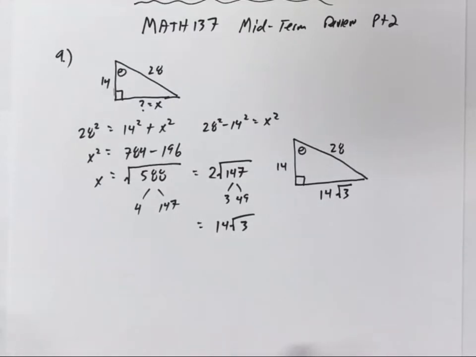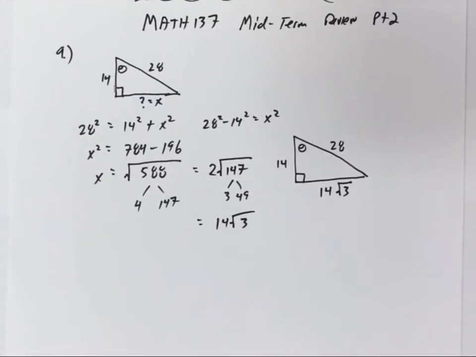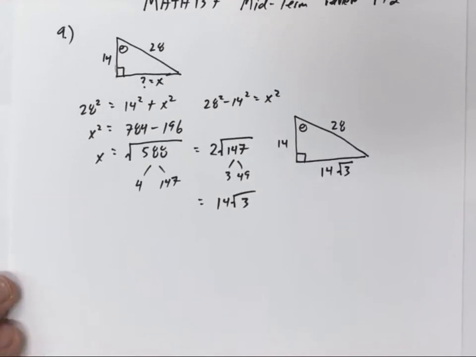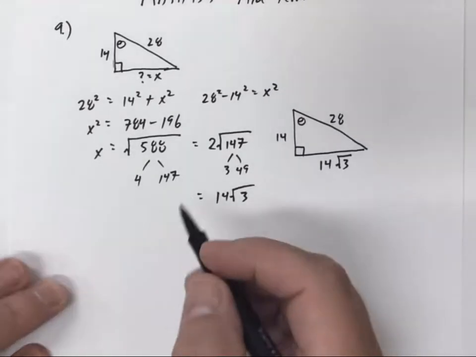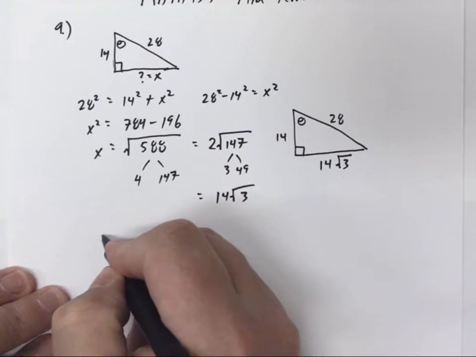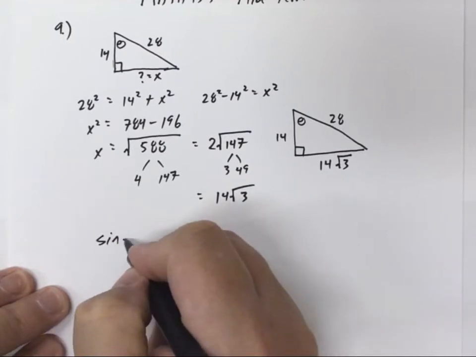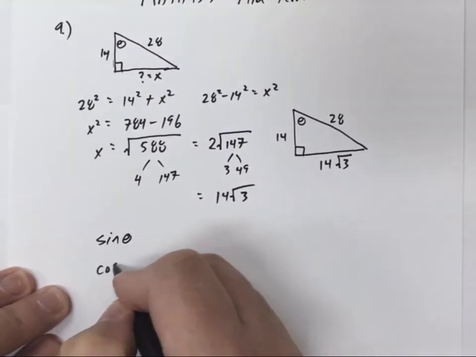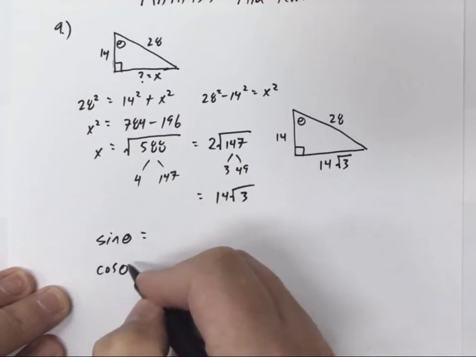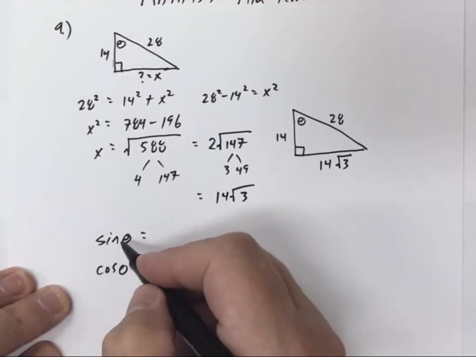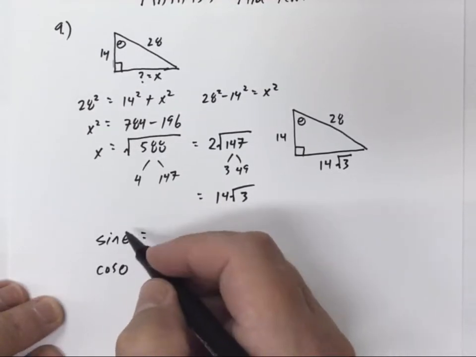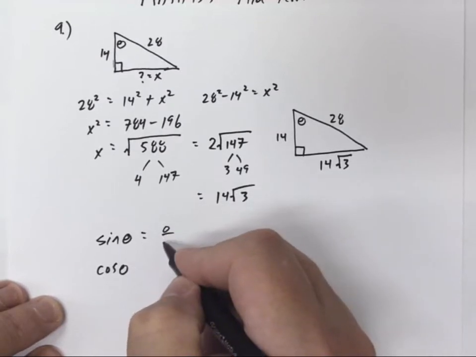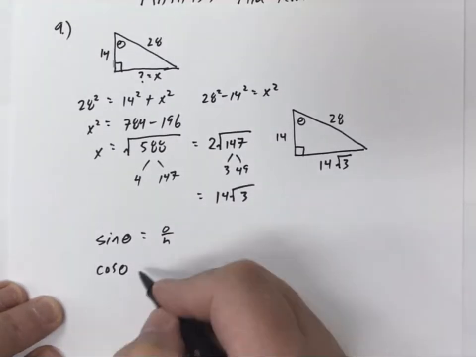All right, so now let's do the trig part. They said the 6 trig functions. In my mind, there are really 2 major trig functions, sine and cosine. Sine, I think of the little phrase SOH CAH TOA. SOH, which is opposite over hypotenuse.